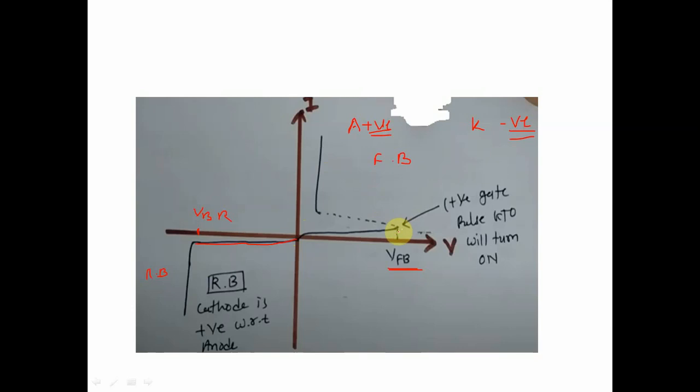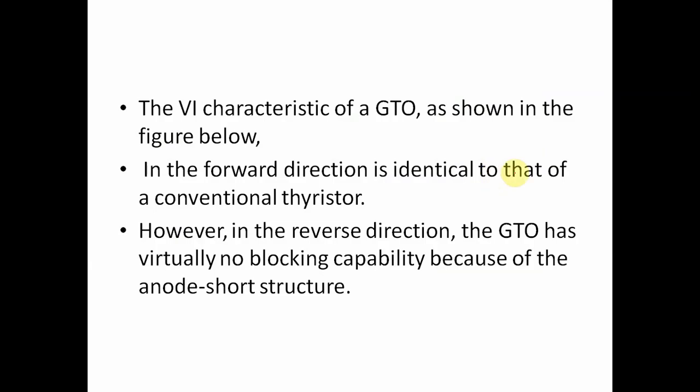By applying positive gate pulses, the GTO will be turned on, and by applying negative gate pulses, the GTO will be turned off. This is the VI characteristics of SCR.